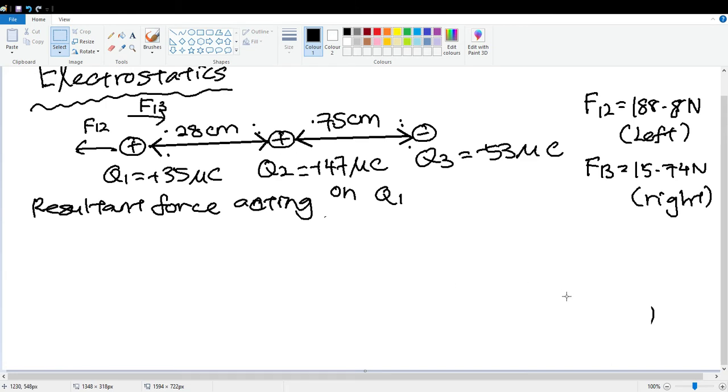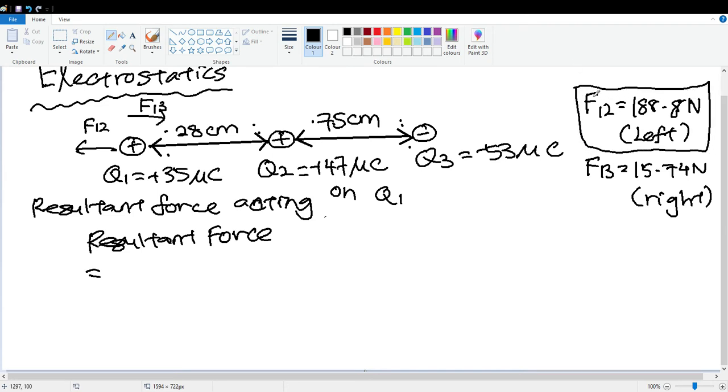Let's find out what will be the resultant force. So now what we need to do is observe these forces. We can see that the biggest magnitude between these forces is F12, so we need to find the difference between F12 and F13.